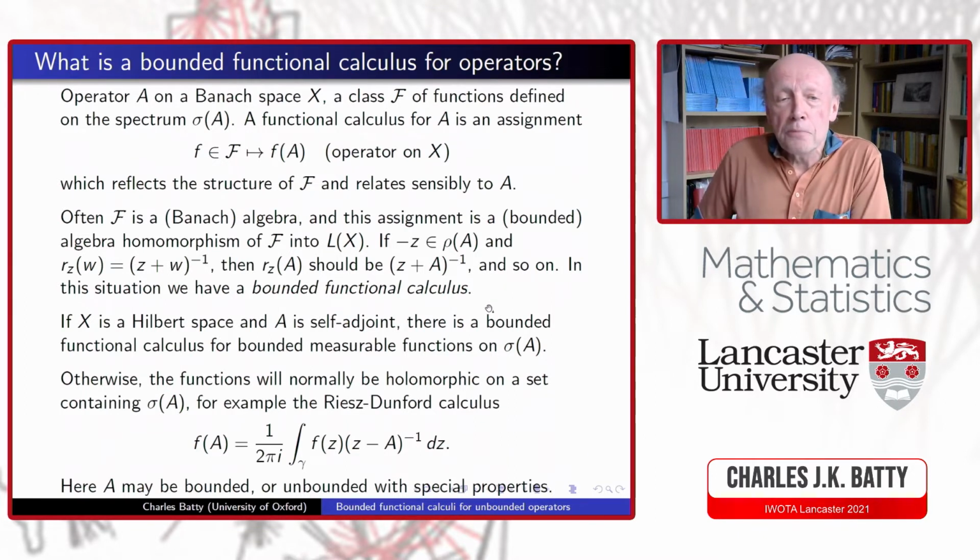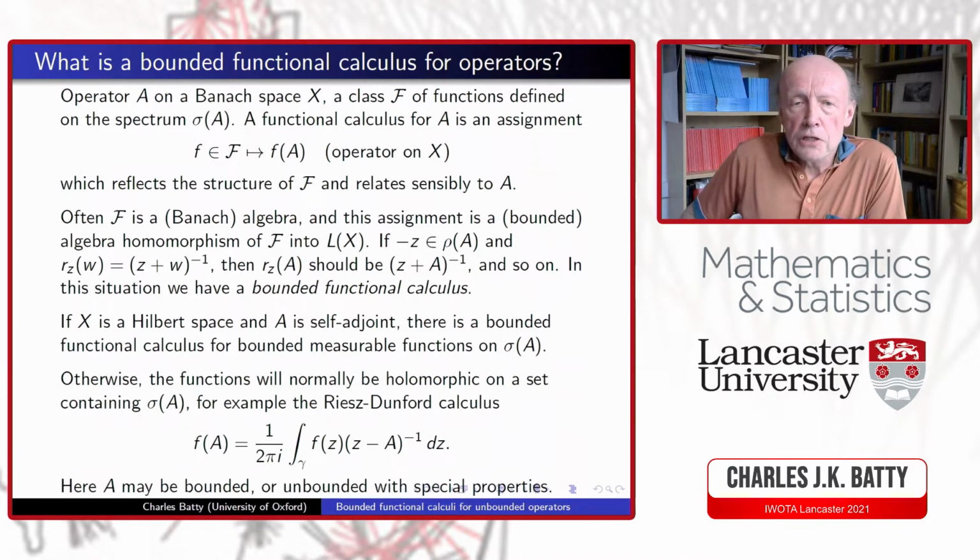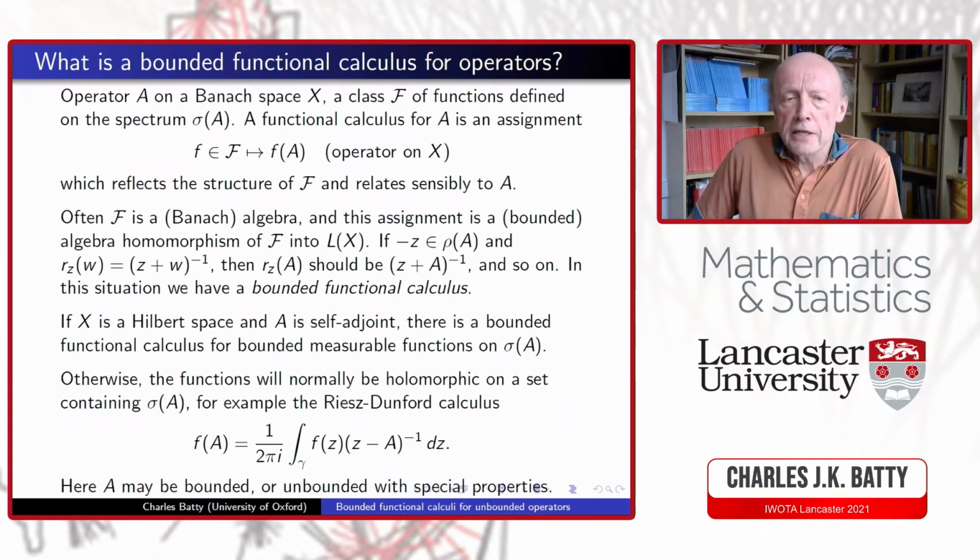Often in this topic, the class of functions will actually be an algebra, and in particular, it will be a Banach algebra in some norm, not necessarily a simple norm like L infinity.